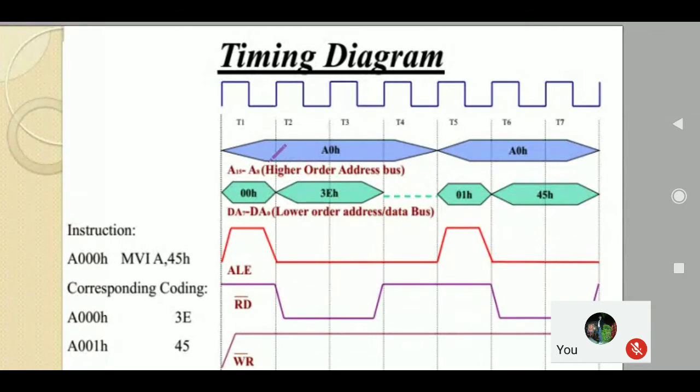You need to only remember how many clock cycles are in the opcode fetch cycle, how many clock cycles are needed for the memory read cycle, and how many for the memory write operation.